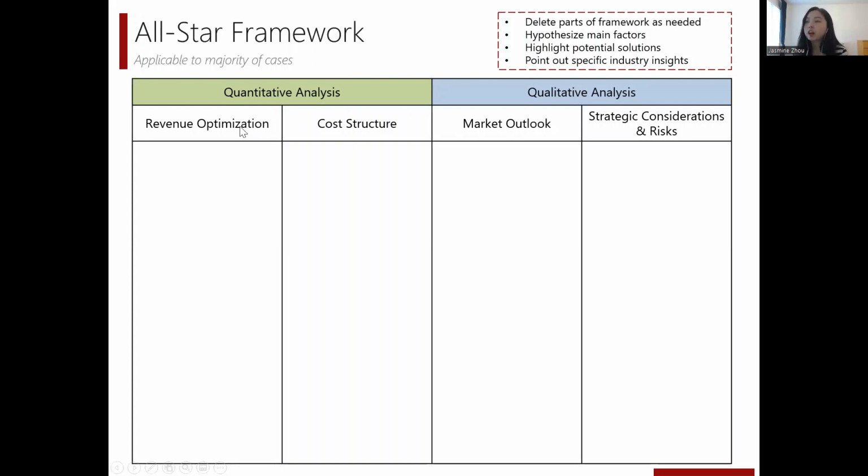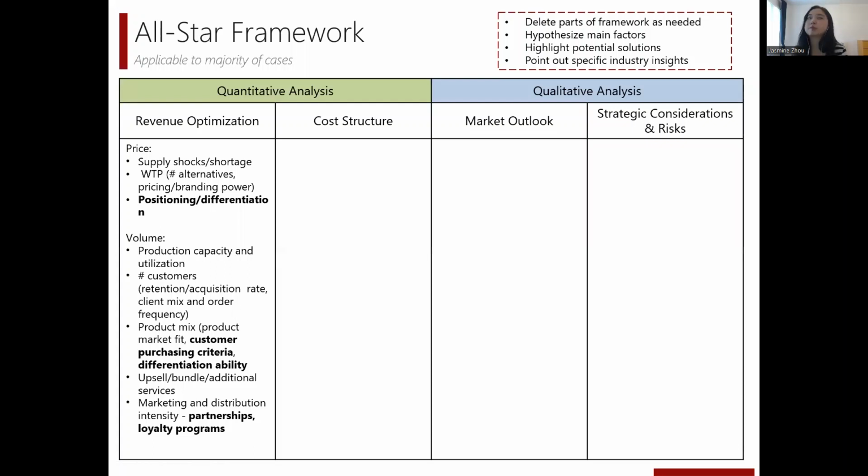And then further, I have revenue, cost, market, and then basically an other bucket. But you do want to word them a bit more creatively. You don't want to just say revenue, cost, market, and then other. This is why I added revenue optimization to spice up the names and to make it seem more creative.